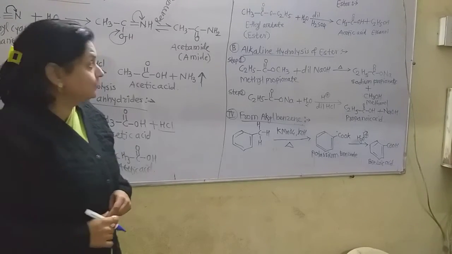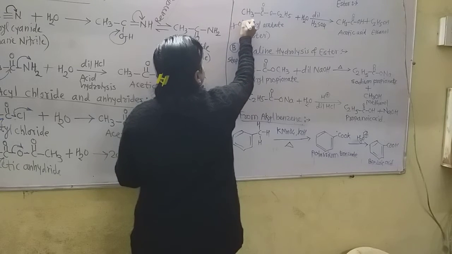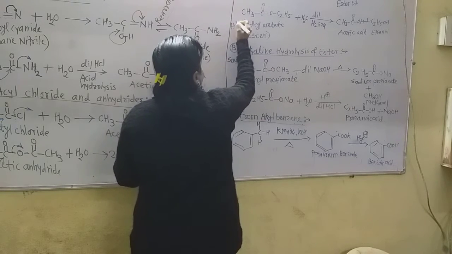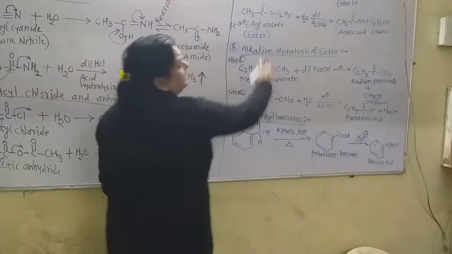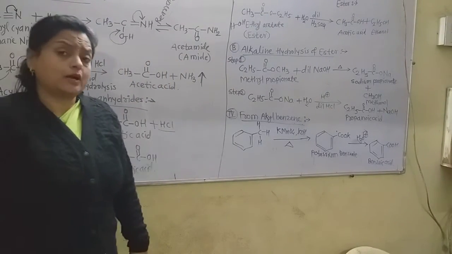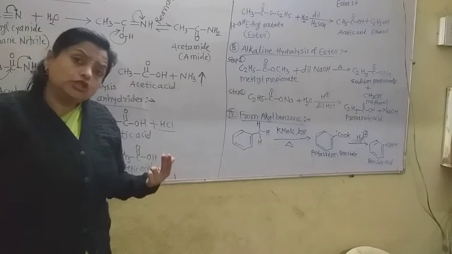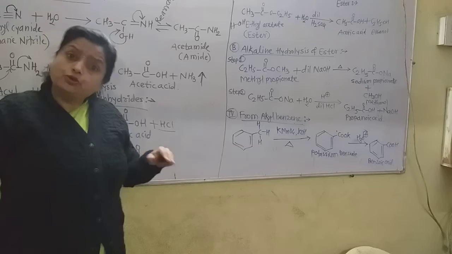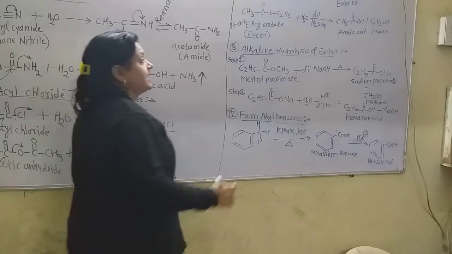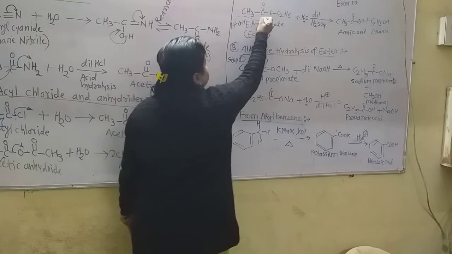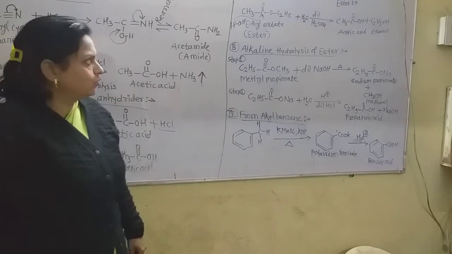Here is also the addition of a water molecule, because we know that in acid hydrolysis there is only addition of the water molecule. Here also, in each carbonyl compound, the carbonyl carbon is very electron deficient. So a nucleophile, a negatively charged ion, always attacks that carbonyl carbon. Now this OH minus attacks this carbonyl carbon.